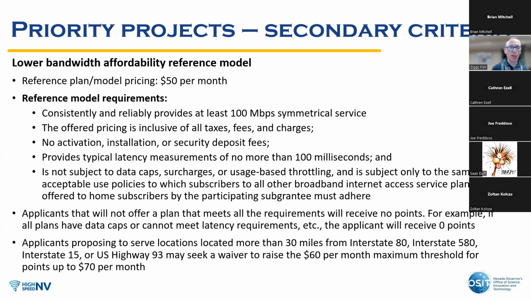So if you can't offer that, there is a sort of a waiver ability here. If you have particularly remote locations that you are offering to serve, if they are more than 30 miles from Interstate 80 or 580 or 15 or US Highway 93, and those are proxies essentially for where there's backhaul infrastructure, you can seek that waiver.